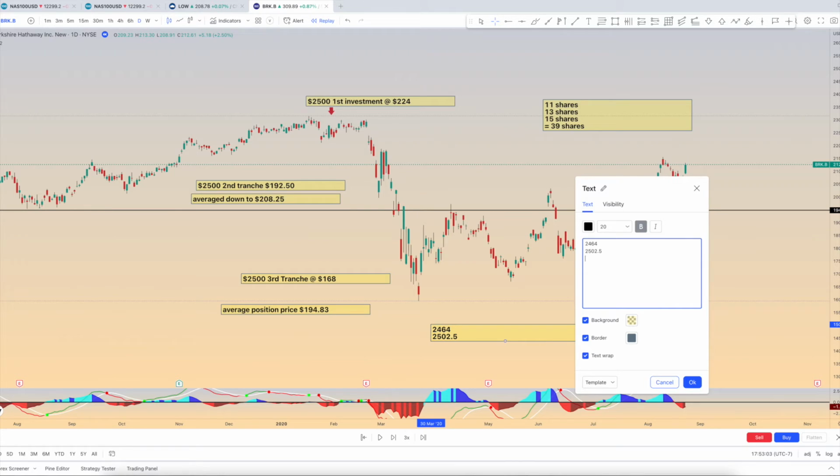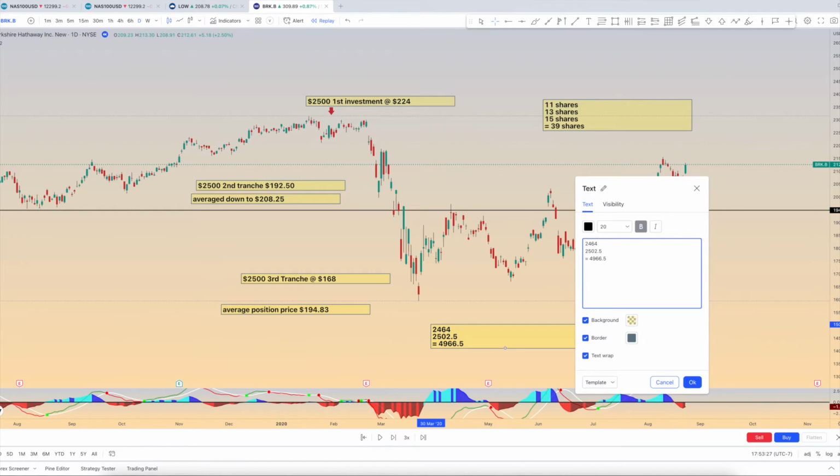So now the way that we do the math is we add these two numbers together. So 2,464 plus 2,502.5 equals 4,966.5. All right, so now what you do is you take your 11 shares plus 13 shares, the total ends up being 24 shares.